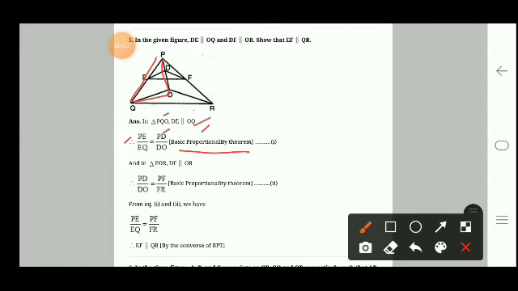Then in triangle POR, we have DF parallel to OR, so PD over DO is equal to PF over FR, again by BPT. So from equations 1 and 2 we have PE over EQ is equal to PF over FR. Therefore EF is parallel to QR. This is by the converse of BPT.